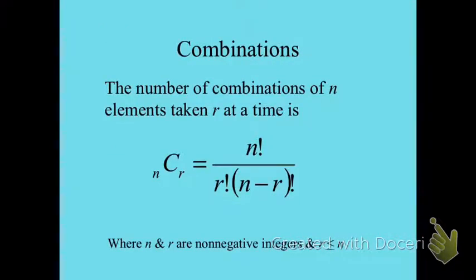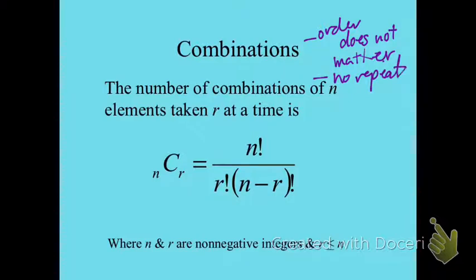Combinations. Combinations are when the order does not matter. So if the order does not matter, then you have to think about when I'm choosing, that everyone is going to get the same job. Another thing is that there can be no repeats. No repeats on this. So order does not matter, no repeats.